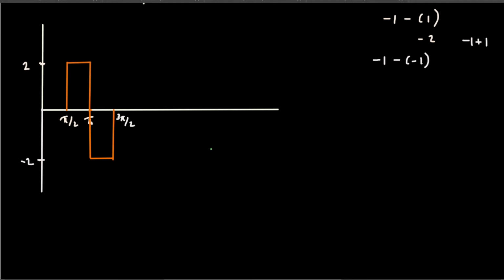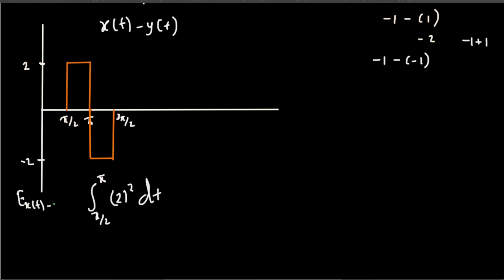And integration, the lower limit is 5 by 2, upper limit is 5, and the height at that time is 2, so 2 square here, and then dt. And this one is x of t minus y of t, and we are calculating the energy for Ex minus y.